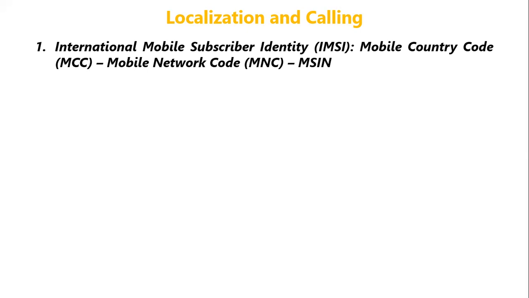It includes the mobile country code (MCC) and the mobile network code (MNC). Finally, it also includes the MSIN, the mobile subscriber identity number. So this is the second type of number that GSM needs.